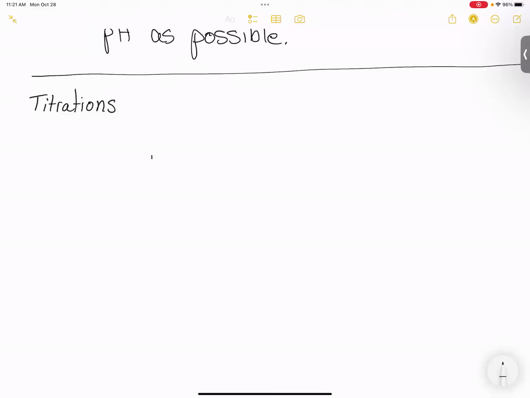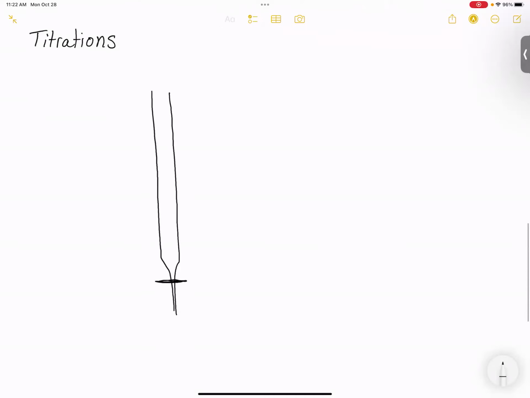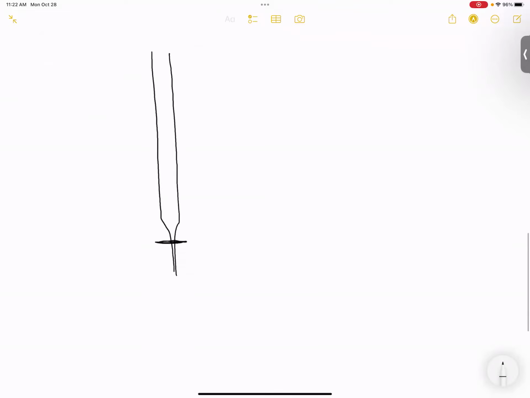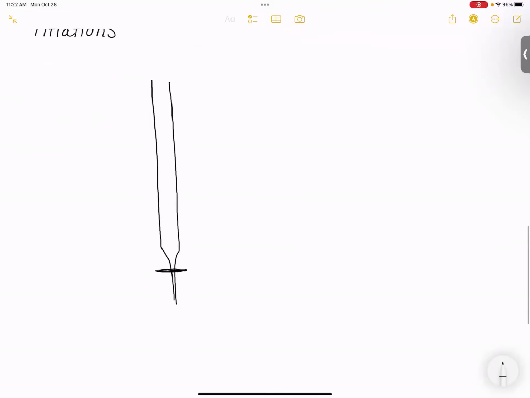So in College Chemistry 1, if you'll recall, you had a burette that you filled with sodium hydroxide.